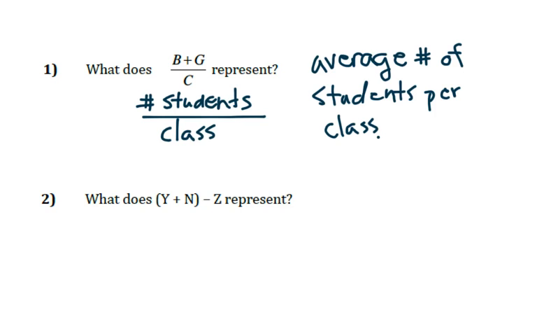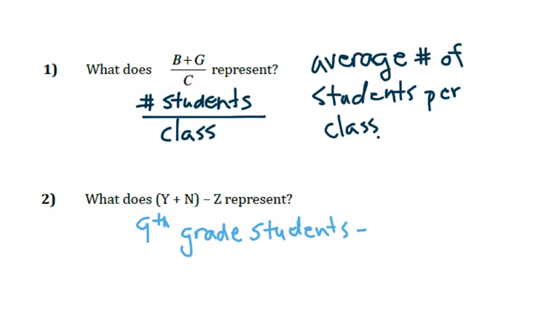Okay, number 2, what does y plus n minus z represent? Looking back at our table, y represents the number of 9th grade boys at Oak Canyon, n represents the number of 9th grade girls attending Oak Canyon, and z represents the number of 9th graders enrolled in biology. If we add up y and n, the number of 9th grade boys and girls, that gives us the total number of 9th graders. Now we're going to subtract z.